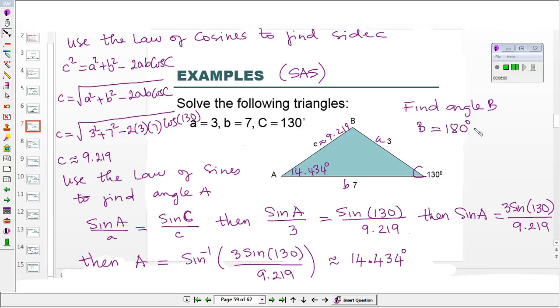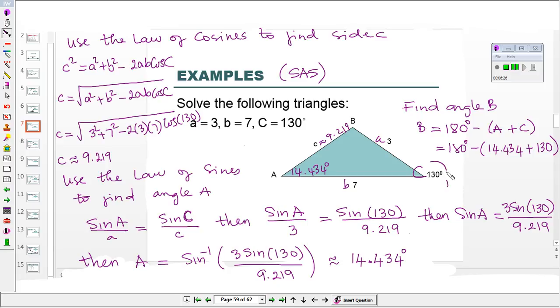Then to find the angle B will be very simple. We take 180 degrees minus the sum of the angle A and the angle C. So 180 degrees, the angle A is 14.434, I'm sorry, 434, plus the angle C is 130 degrees.